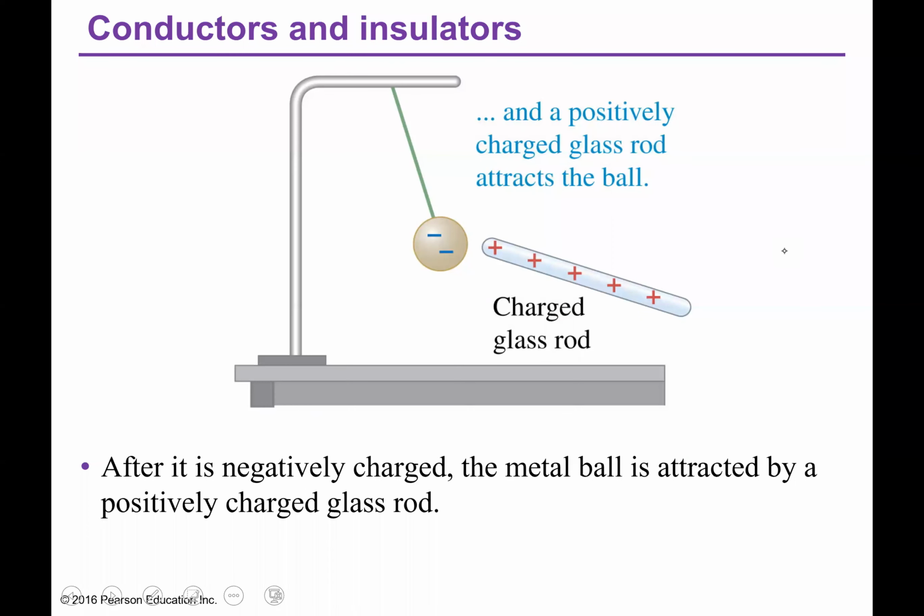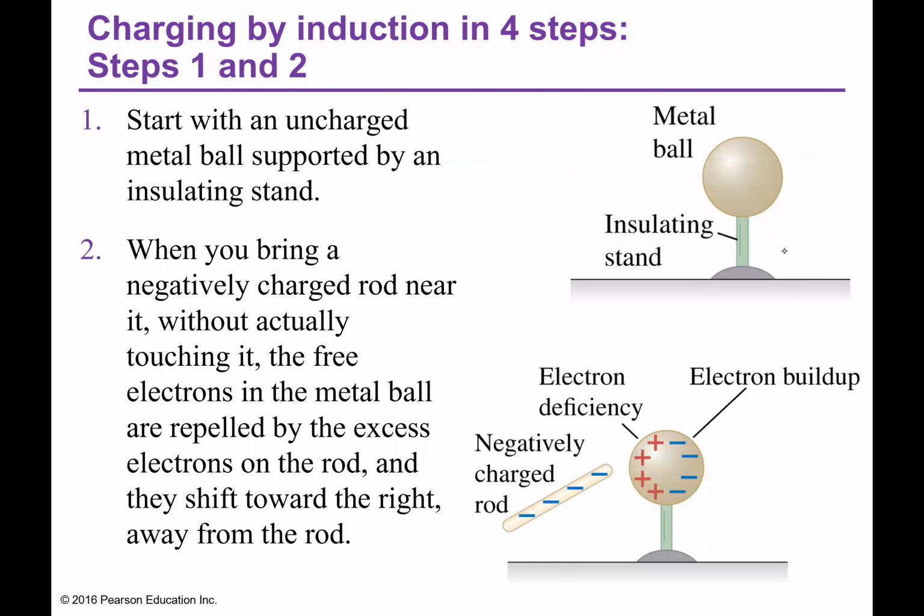So that means if I bring a positive charged glass rod now, then the metal ball will be attracted to the charged glass rod, because remember, the ball was negative, the charged glass rod is positive, so they can be attracted to one another.